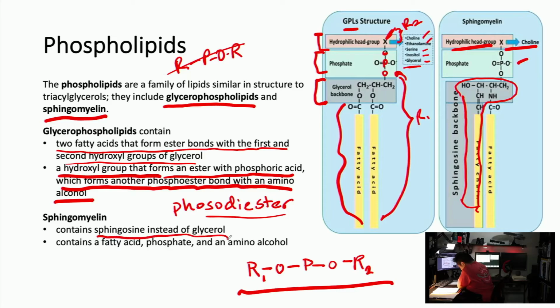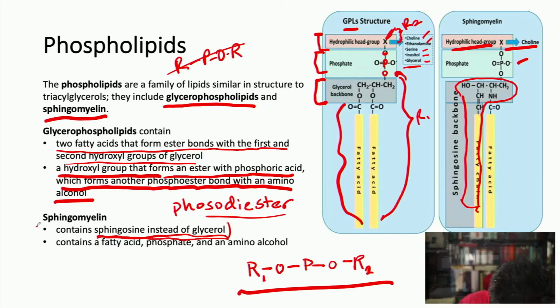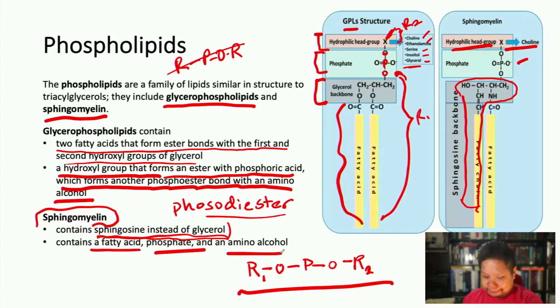Our fatty acids are attached to sphingosines instead of glycerols in sphingomyelin, like we were talking about here. It contains one fatty acid, a phosphate, and an amino alcohol. Interesting stuff.